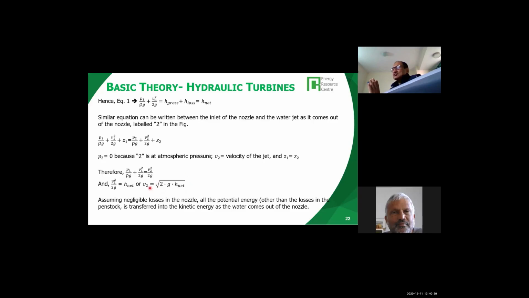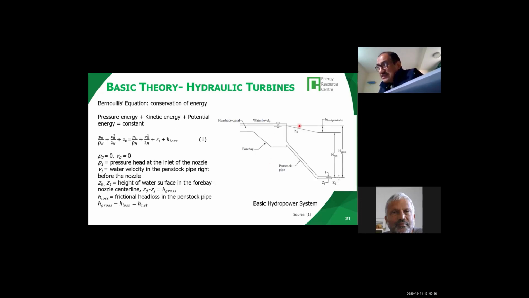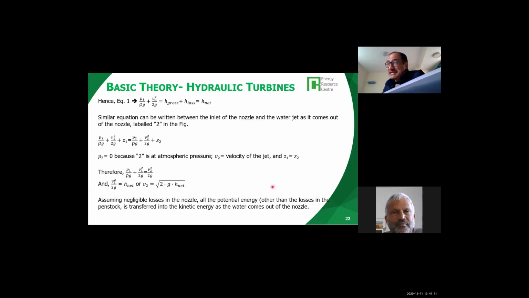So what it means is, assuming that there is negligible loss in the nozzle, all the potential energy other than the losses in the penstock is transferred into kinetic energy as the water comes out of the nozzle. So the basic principle is all that potential energy from water falling from here to here, except for the losses in the penstock, is transferred through this nozzle into kinetic energy.